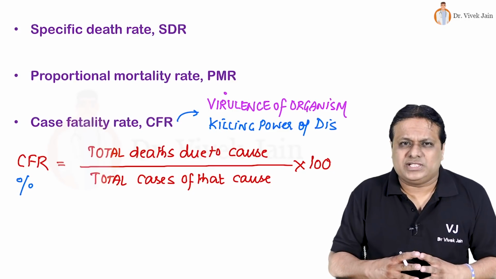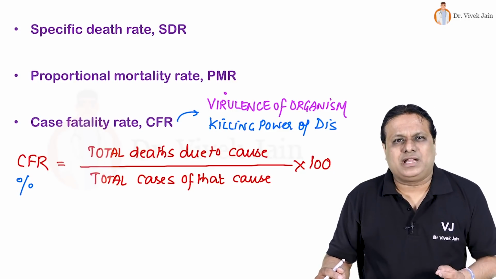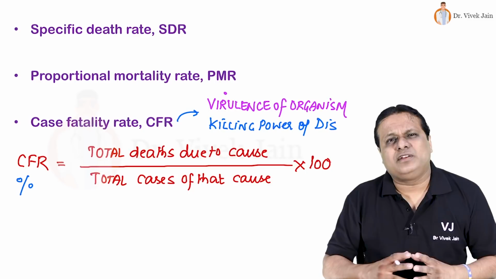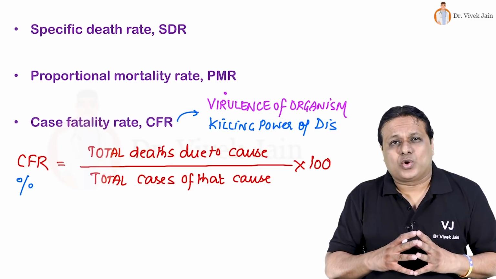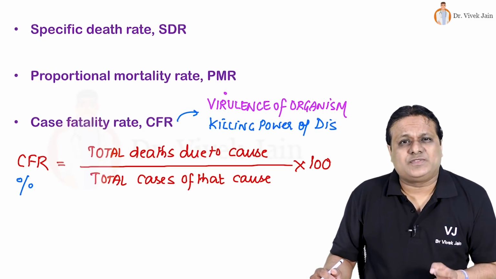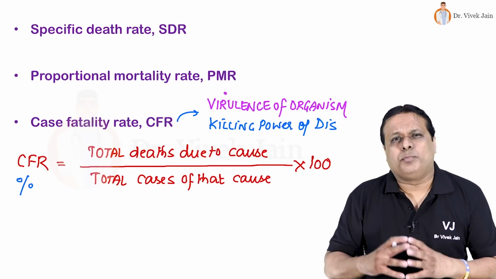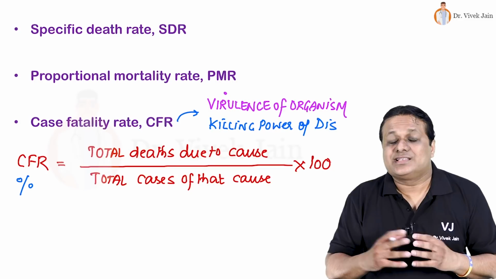Only disadvantage of this particular parameter is that time interval is not specified. Even for a disease like COVID-19 in India, case fatality rate is 1.34% only.